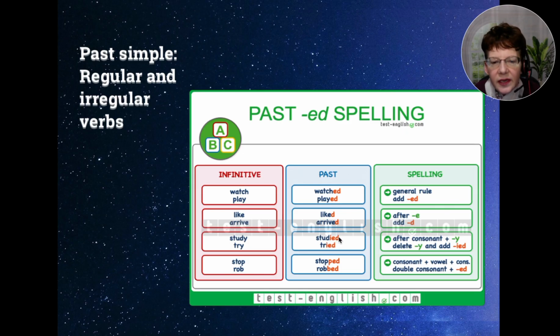So studied and tried. Okay, then we have where we have a consonant, a vowel, and consonant. What happens is we double the consonant and then add ed. So we have stop, it becomes stopped, and then rob and robbed. So we're doubling the P here and then the B here.